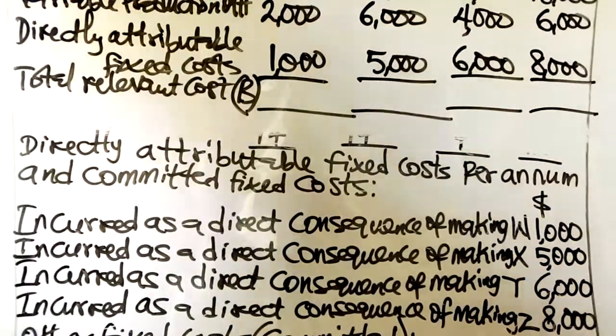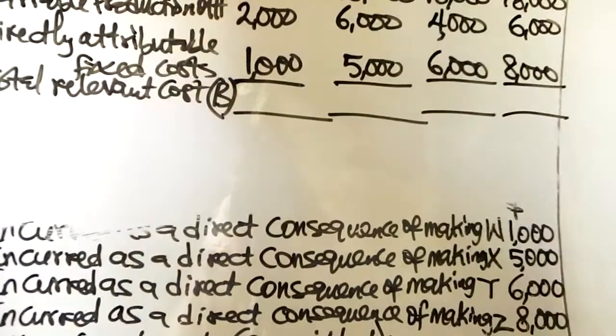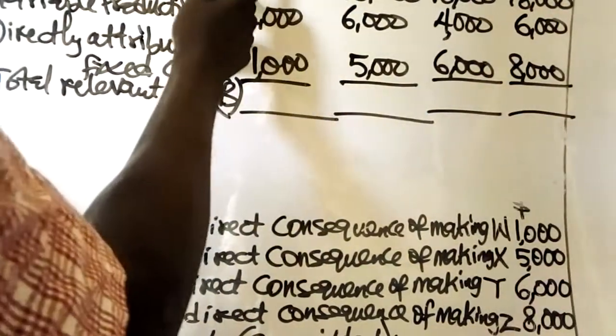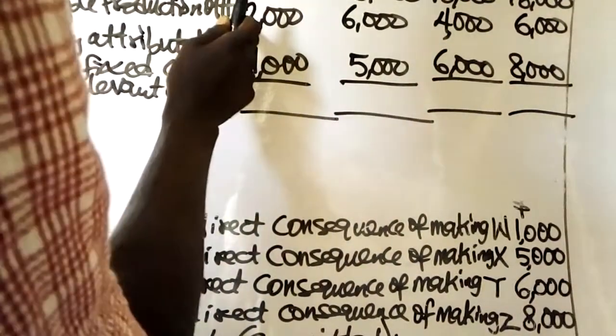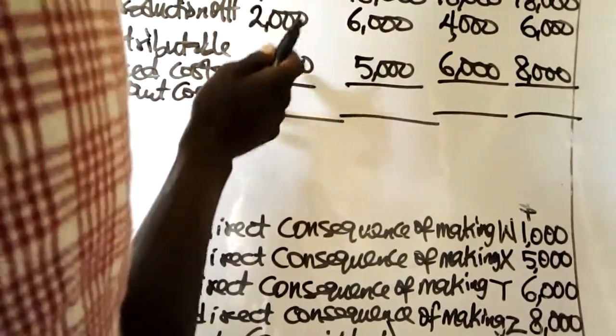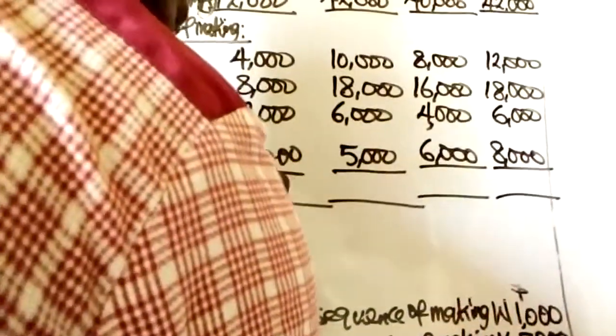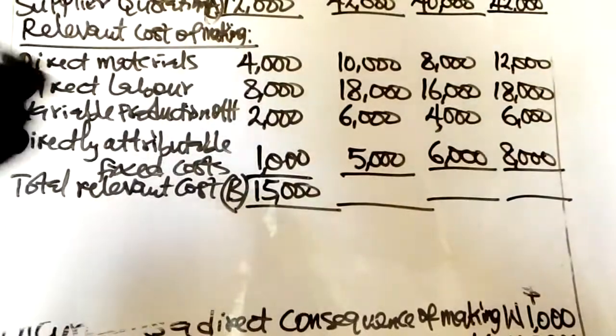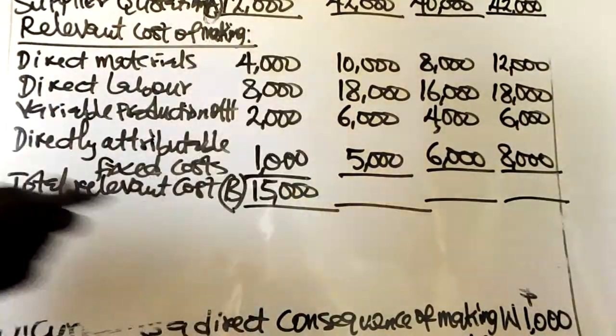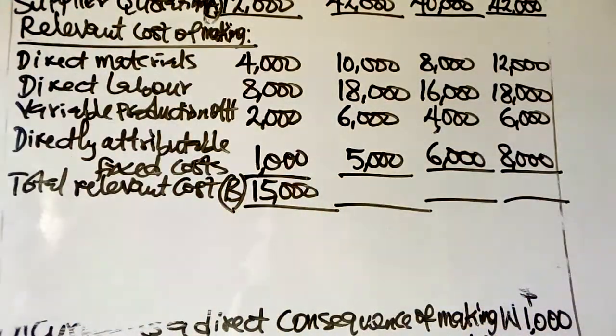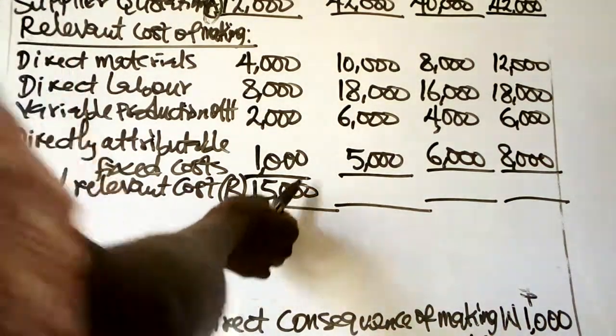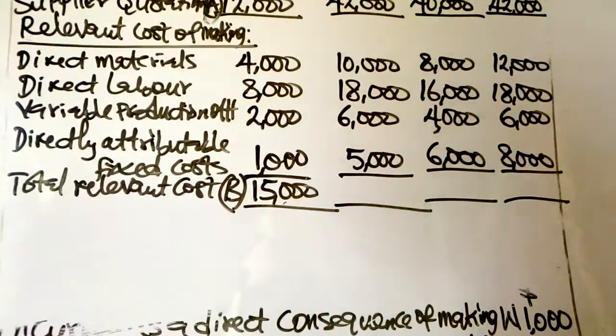So when you sum up, this is 12,000, this is 15,000. The relevant cost of making the product is 15,000 and the supplier quotation is 12,000.